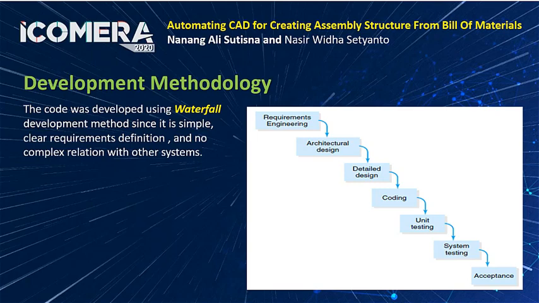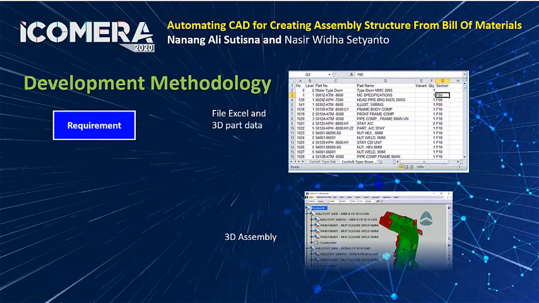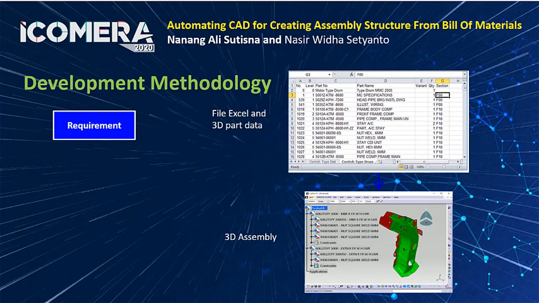The code was developed using the waterfall development method since it is simple, has clear requirement definition, and no complex relation with other systems. The process consists of requirements, where the Excel file and 3D CAD data are available and needed to form the 3D assembly in the CAD system automatically.